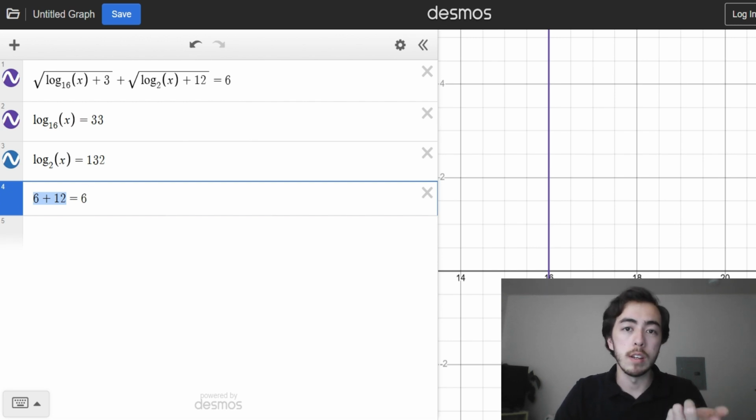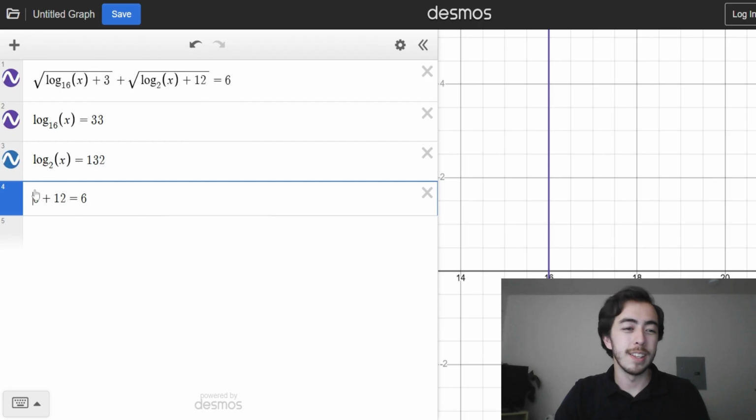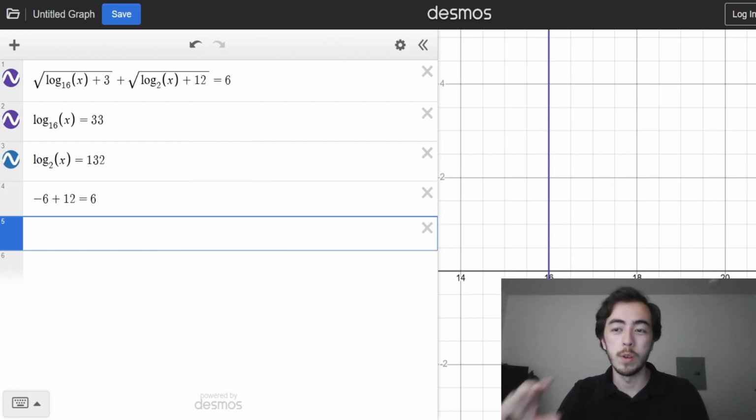Maybe the idea here of why we're coming across this extraneous solution is that somewhere along the way, when we were squaring our values, this 6 could have possibly been a negative 6. This could be the case if you're squaring square roots, or you're the one applying square roots to undo squares.